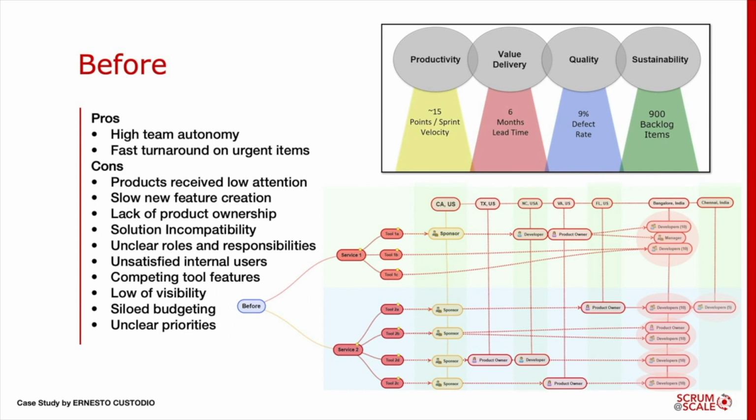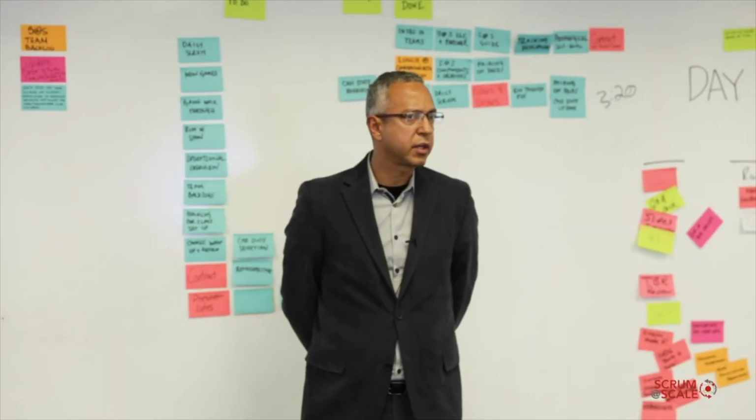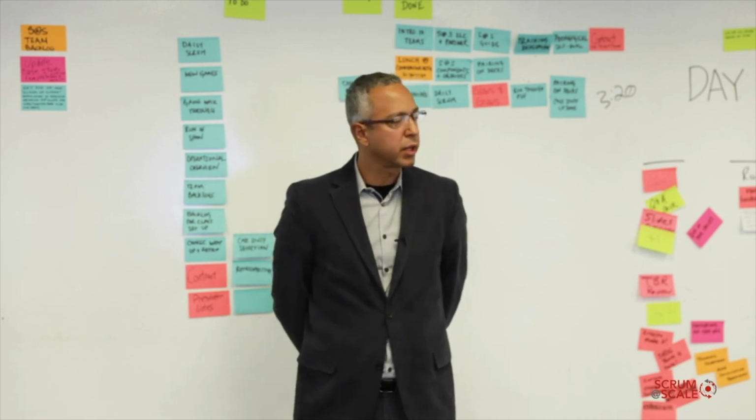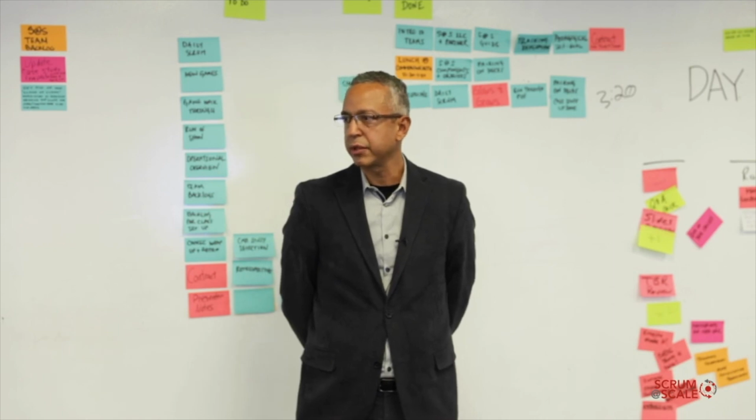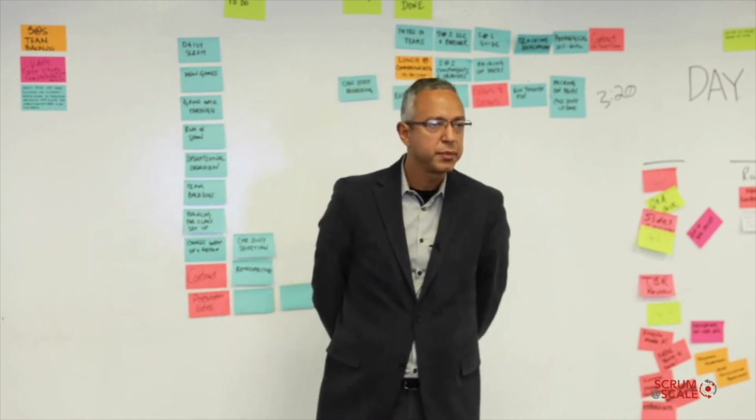The outcome was that the team had a low level of productivity with an average of about 15 points of velocity, about a 6-month lead time, and 9% defect rate. That's a high defect rate. And the backlogs, when aggregated, were pretty large, about 900 product backlog items at any given point.